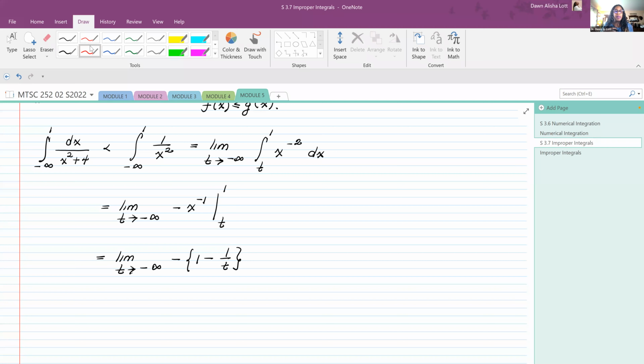What about the limit as t goes to negative infinity of 1 over t? What does that go to? Anybody?